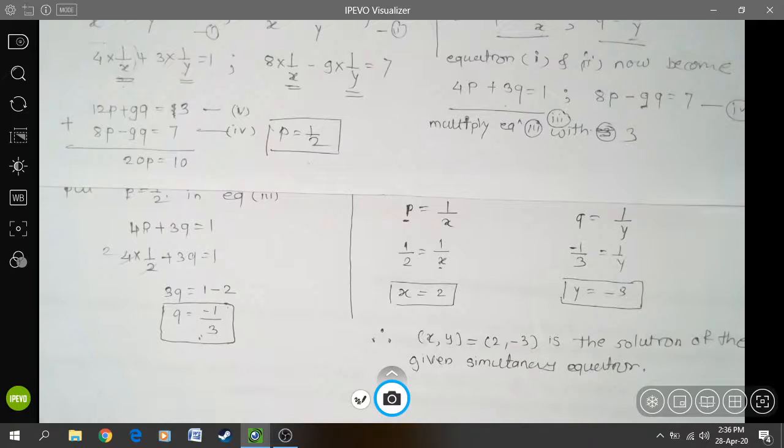You can use any other method. We used the elimination method here. The elimination method is relatively easy and less complex than the other methods. But you can use any other method also to find the solution.